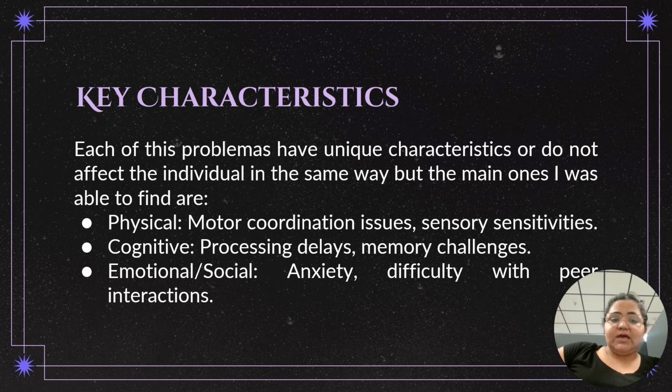But the main ones I was able to find were, in the physical area, motor coordination issues or sensory sensitivities; in the cognitive spectrum, processing delays and memory challenges; and in the emotional and social area, it can be anxiety and difficulty with peer interactions. But as I said, it varies a lot in each case. But these are some of the ones that can affect learning and students.